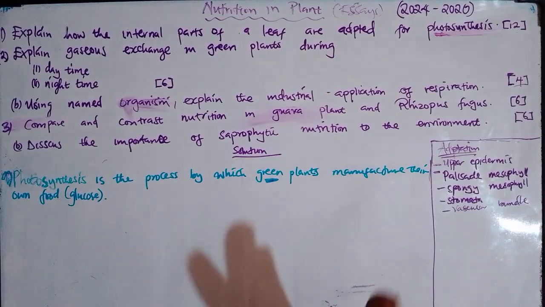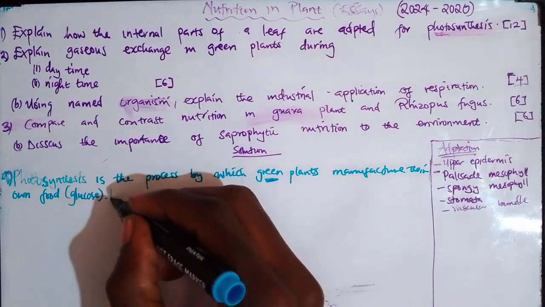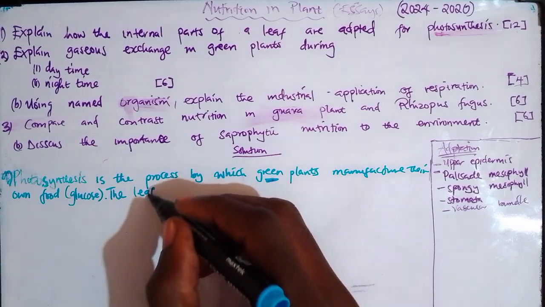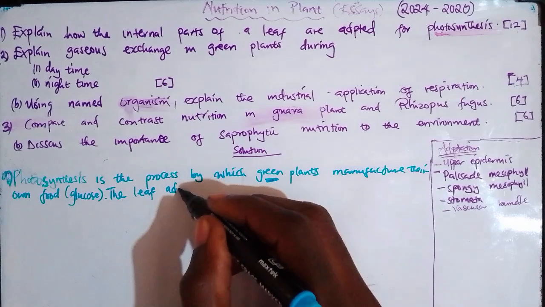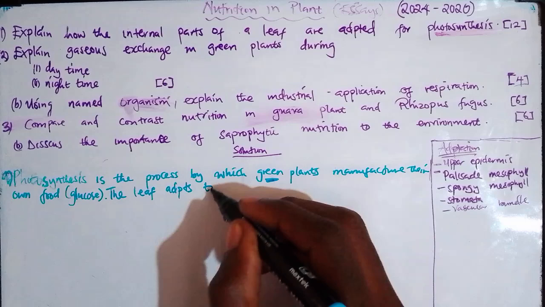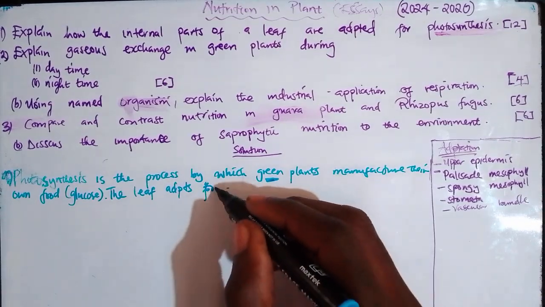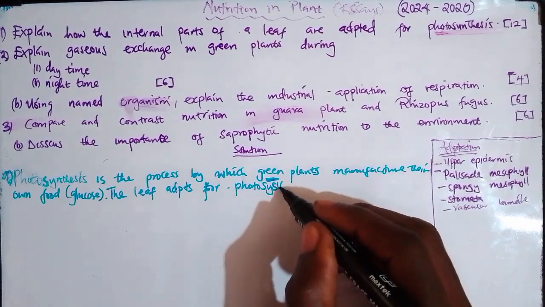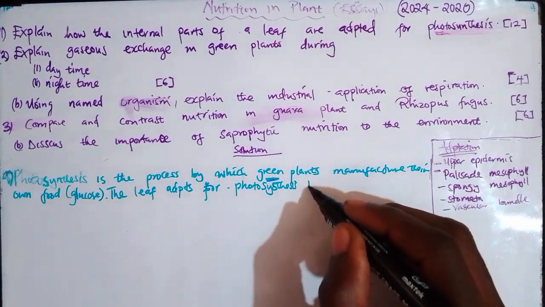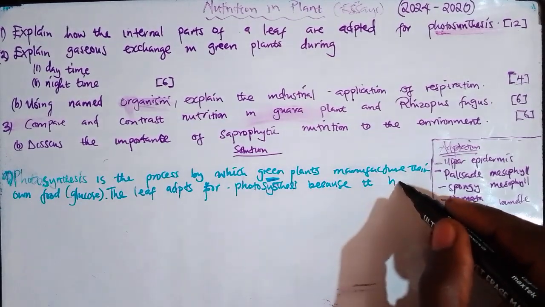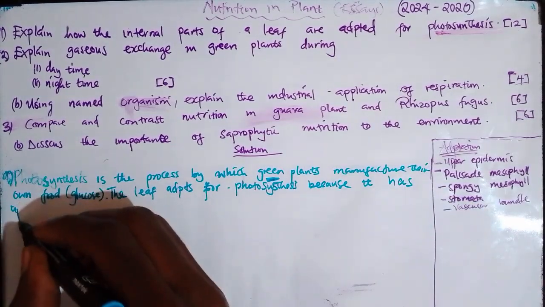After you have defined, you can move on to say the leaf adapts for photosynthesis because it has upper epidermis.